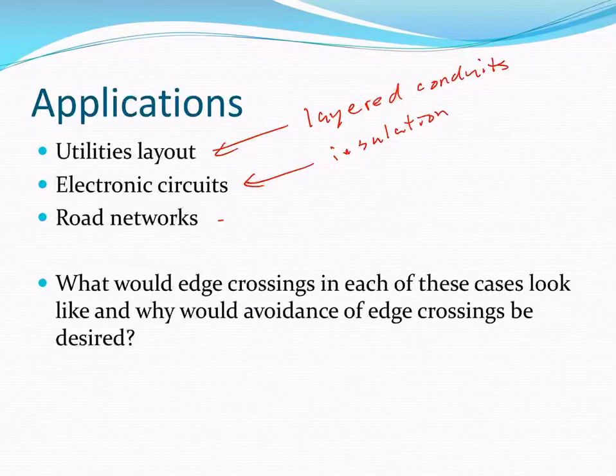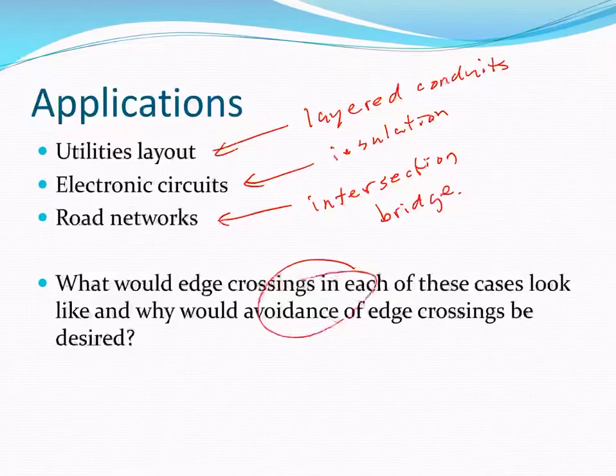What about roads? Well, if an edge is a road and they cross, you're going to have an intersection that has to be managed, or more expensively, a bridge that has to be built. So those would be some of the reasons you want to avoid edge crossings.